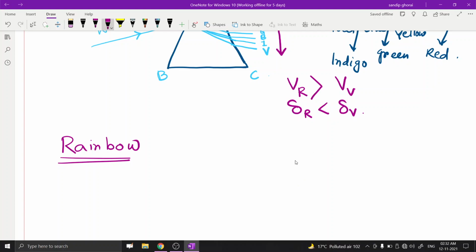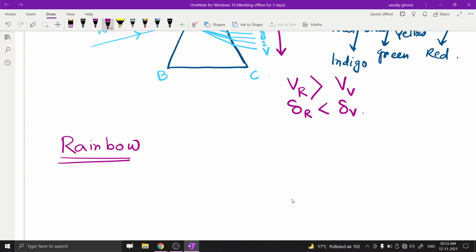After a rainfall, a large number of water droplets are suspended in the atmosphere. These droplets act like tiny prisms, and when sunlight passes through them, white light splits into seven different colors, and we see a spectrum like this, which we call a rainbow.